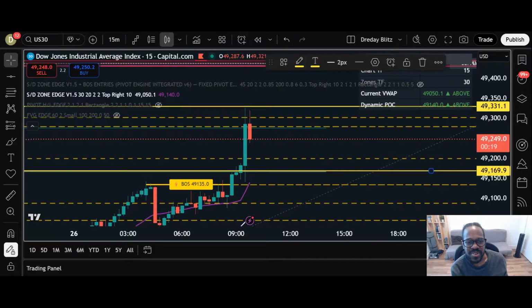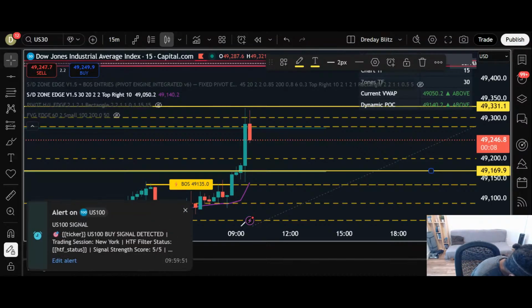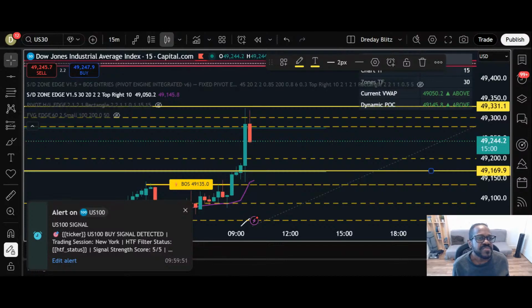I'm just waiting for that new candle to open, so we could see what's going on. So we have a buy NASDAQ signal.